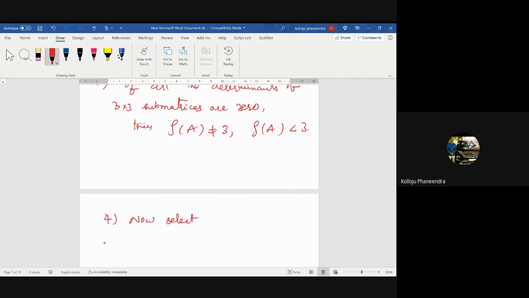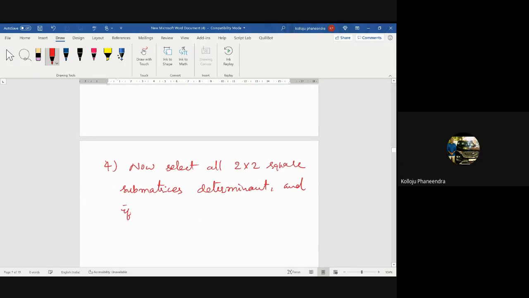Now select all 2 by 2 square submatrices' determinants, and if at least one 2 by 2 determinant is not zero, then what is the rank? 2.